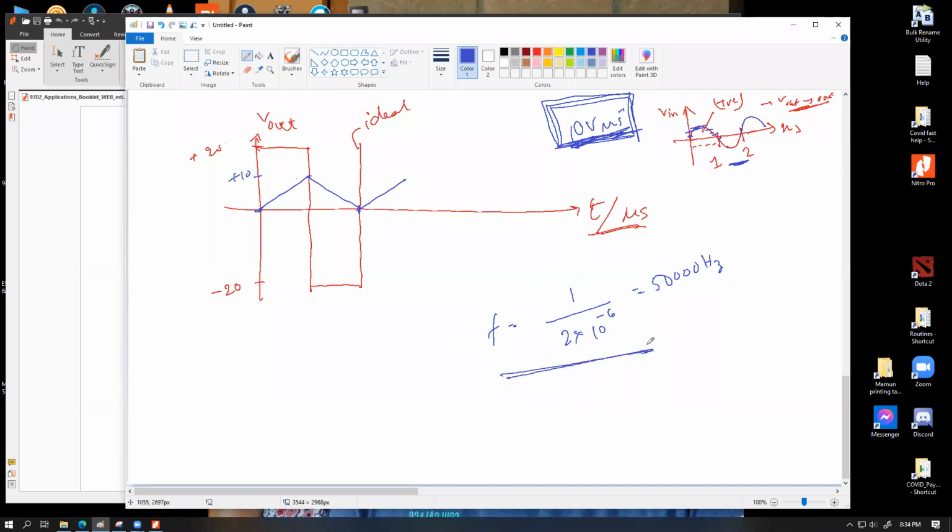Yes, sir. I was just trying to show you that if an input voltage has a time period of only 2 microseconds, then what frequency of AC supply are we talking about? It means that this AC supply has a frequency of 50,000 hertz. A practical op-amp cannot respond to such a rapidly varying input to give the actual behavior it is supposed to give on the output side, because it cannot change its output as fast as the input is changing.